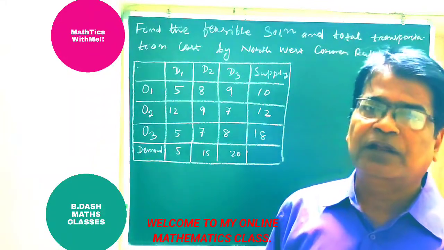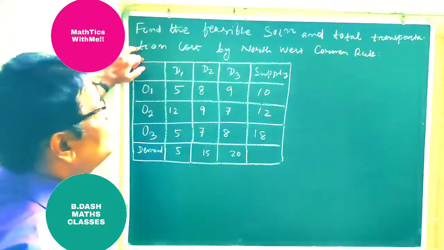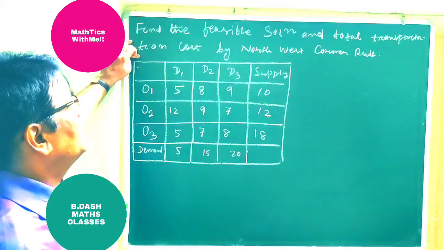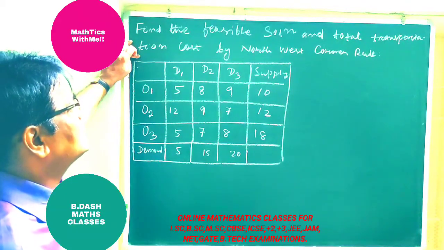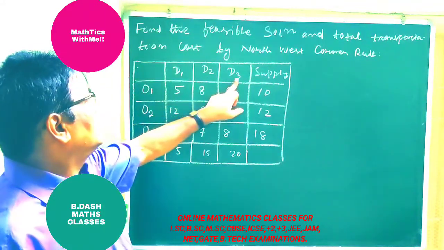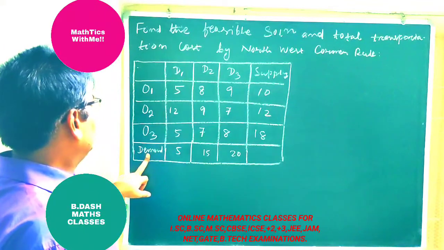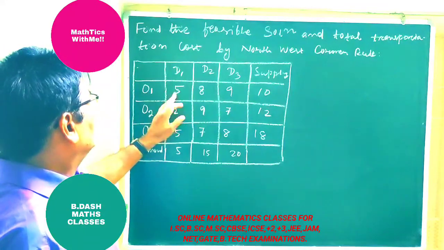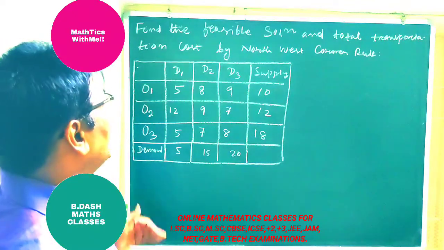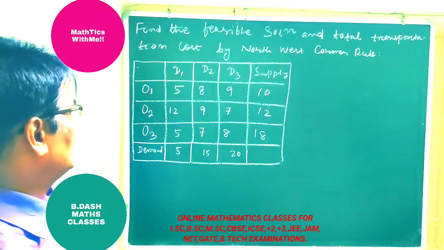The question on the transportation problem is: find the feasible solution and the total transportation cost by the northwest corner rule. Here D1, D2, D3 are the demands, O1, O2, O3 the supplies, and this is the table given to us, and we have to solve the problem by the northwest corner rule.